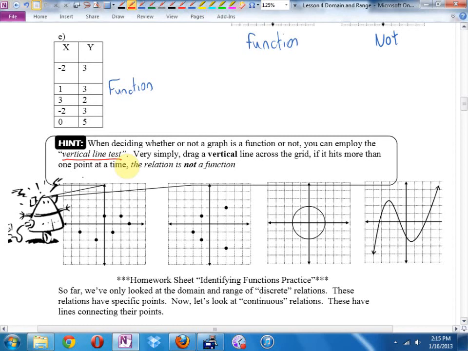Show you what I mean. Here's the vertical line, the shadow of my meter stick. Is that vertical line ever touching more than one point at the same time? It's a function. Let's compare that with here. Oh, right there. Not a function.